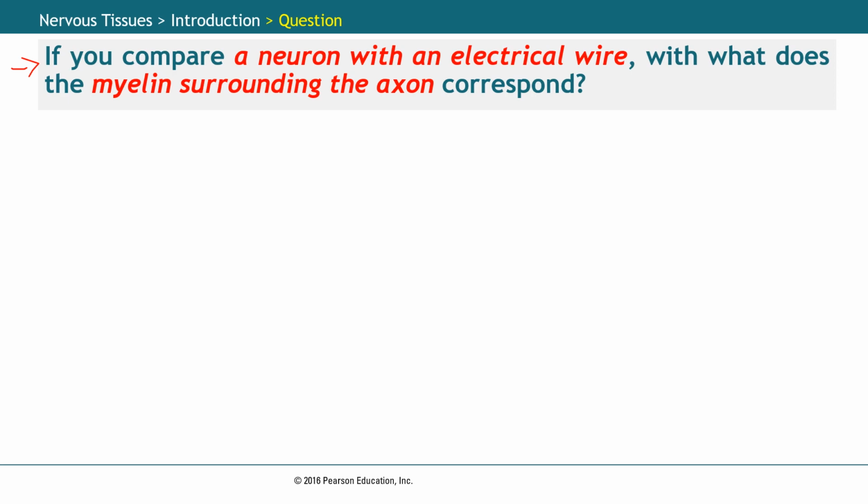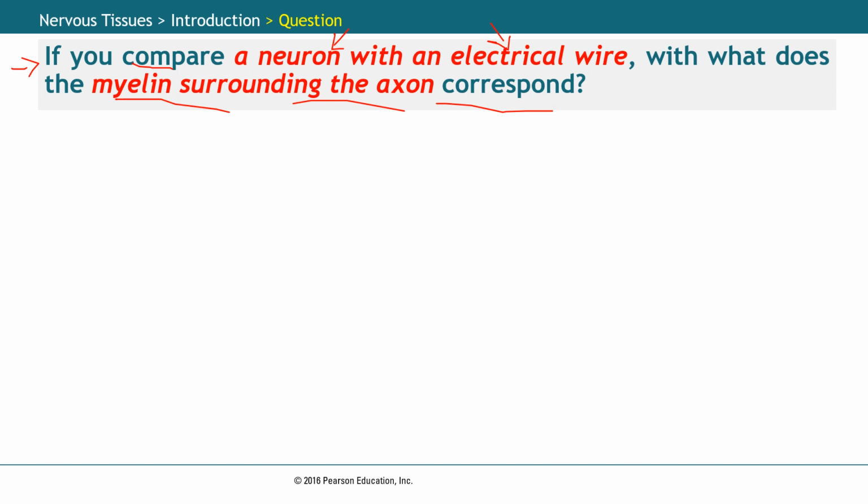So here they're asking you to compare a biological example, a neuron, with an electrical wire. Both transmit a signal, they transfer electricity. And they are telling you that in neurons you have myelin, so that's around the axon. What is the correspondent in the electrical wire?